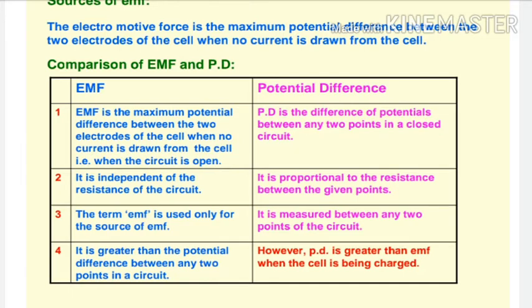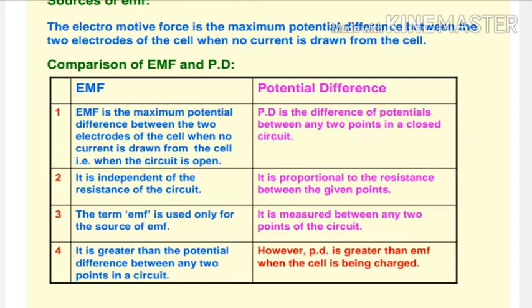It means potential difference can be measured across any resistor also, but EMF cannot be possessed by any resistor. If current flows through a resistor, the resistor can drop a potential difference across itself, but there is no EMF produced through the resistor.